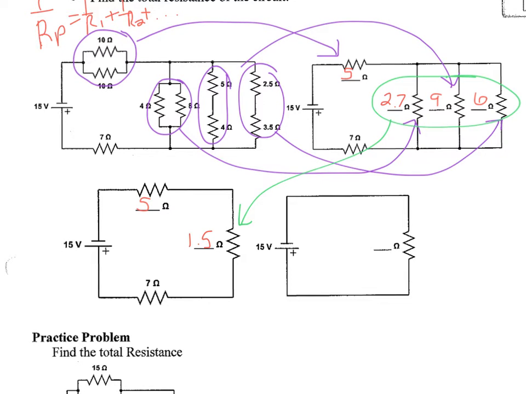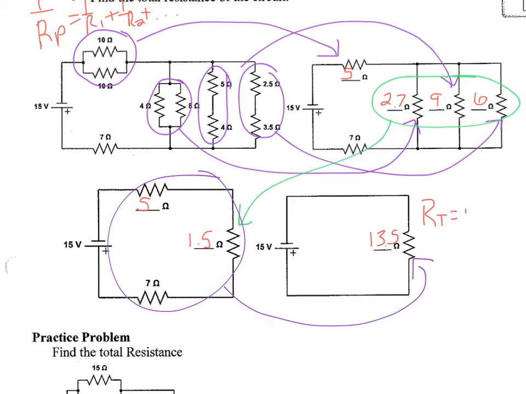And the last thing we need to do, these 3 are in series, so these 3 combine to become this one, and this is your equivalent resistance. 5 plus 7 plus 1.5 is 13.5 ohms. So when it's asking for the equivalent resistance or the total resistance, it could say either of those.